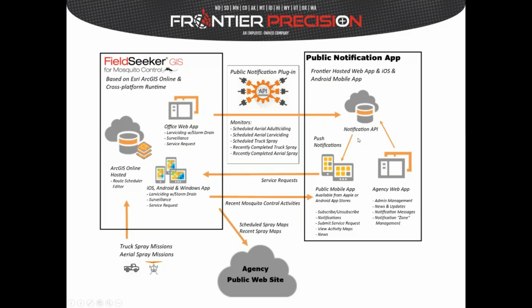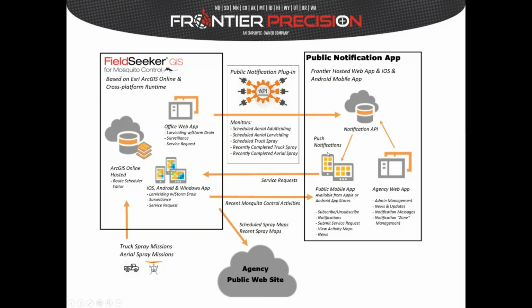So that web application where the management takes place, there's also an API sitting there just waiting for notification requests. When it receives those requests from whatever system, in this case from FieldSeeker, it will then push those notifications out to the constituents that have subscribed for those events for those areas.